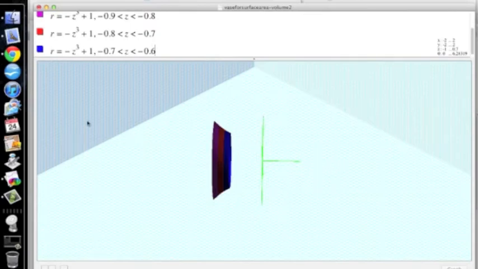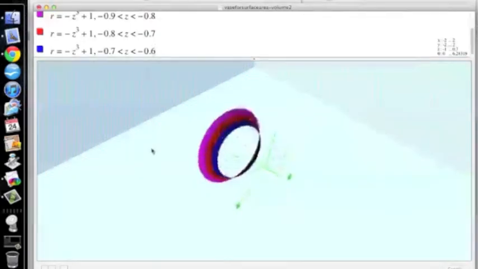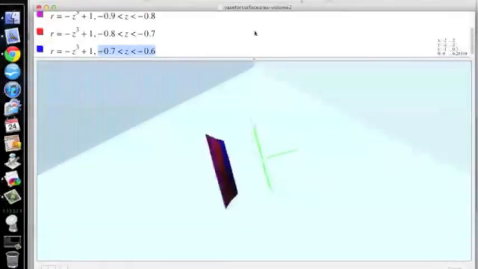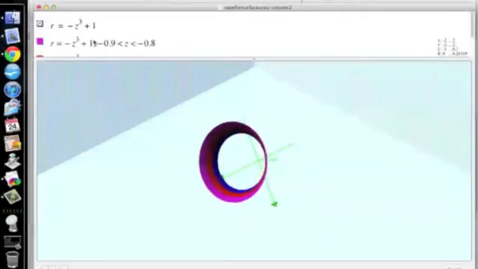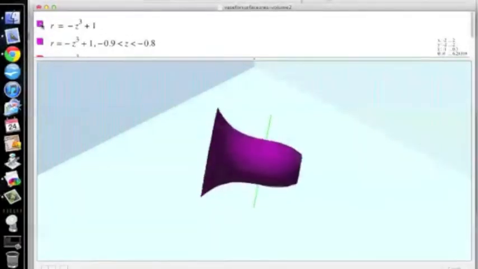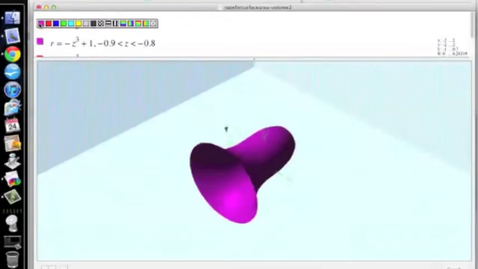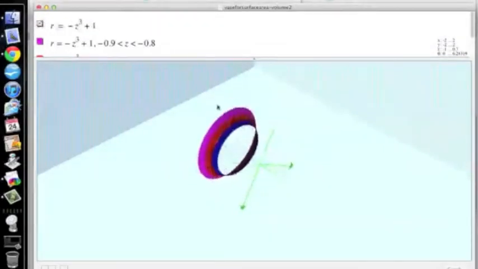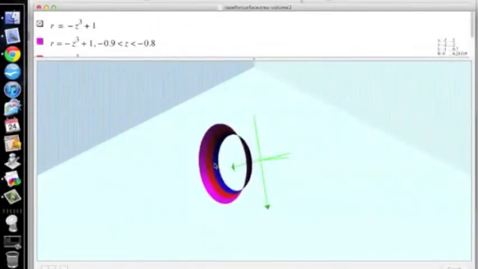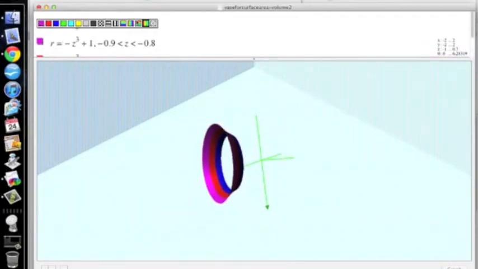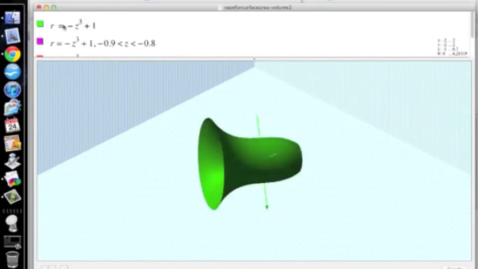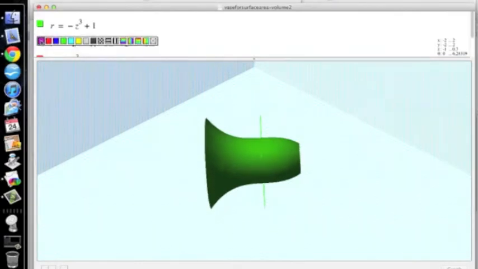And once I add up all the strips, it'll give me that. Let's slow it down a little bit. So those are all the little strips, and then that's all the strips added together. I wonder if I can do this.